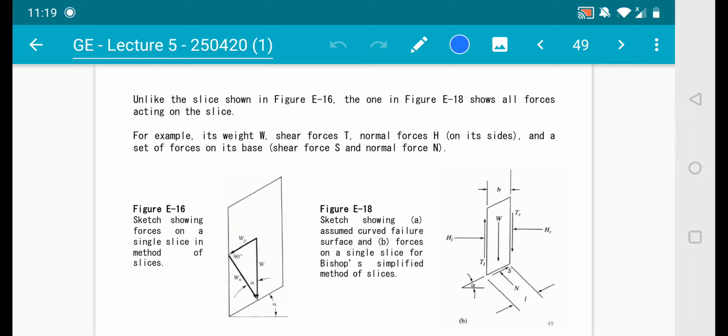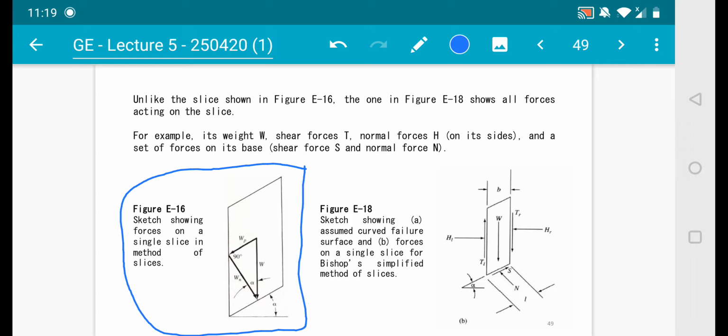Unlike the slice shown in figure E16, the previous one that you've been briefed, the one in figure 18 shows all forces acting on the slice. For example, its weight W, shear forces T and normal forces H on its side, and a set of forces on its base, so shear force S and normal force N. So you see the difference if you compare a representative single slice.